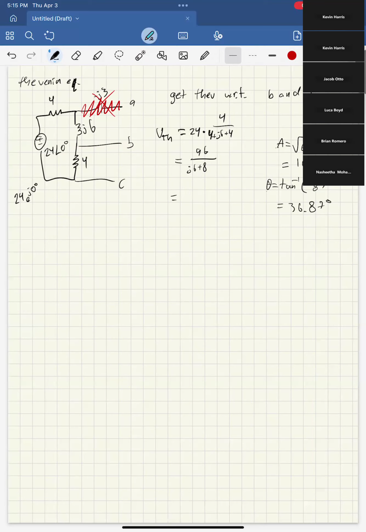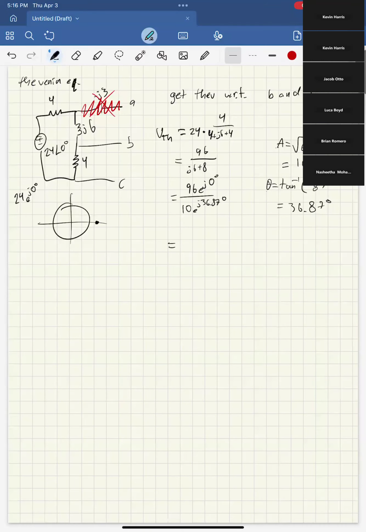Thinking back to the unit circle, 96 is purely positive, so its angle is 0. So this is just 96 e to the j0 degrees over 10 e to the j 36.87 degrees.